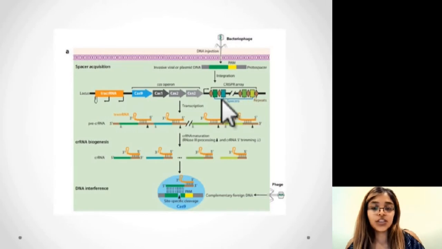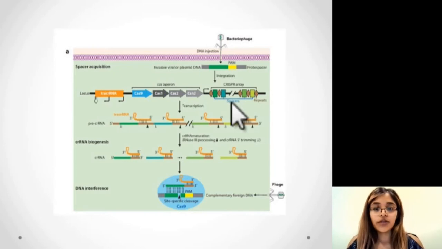So once the sequence or the spacer is incorporated into the CRISPR array, it's then transcribed with all of the other spacers, and it becomes a mature crRNA.